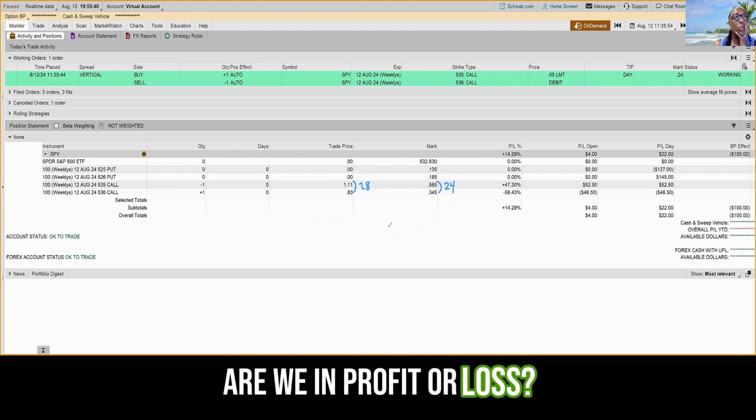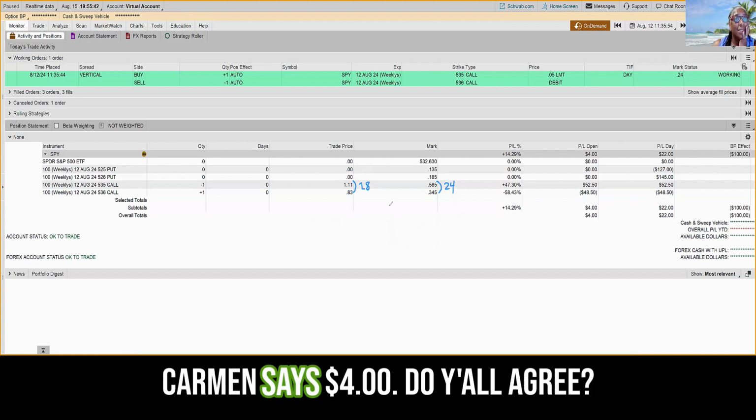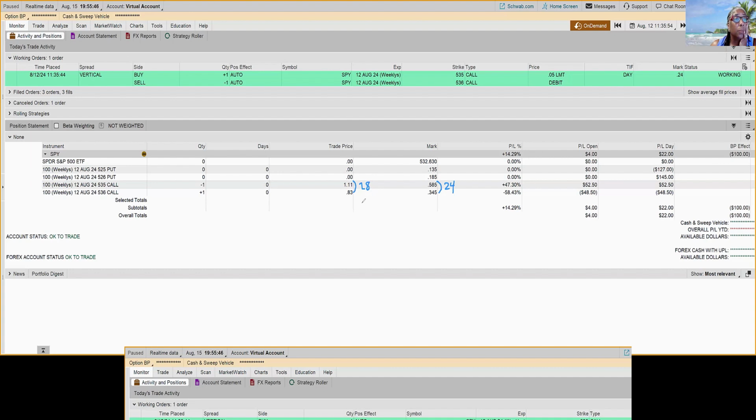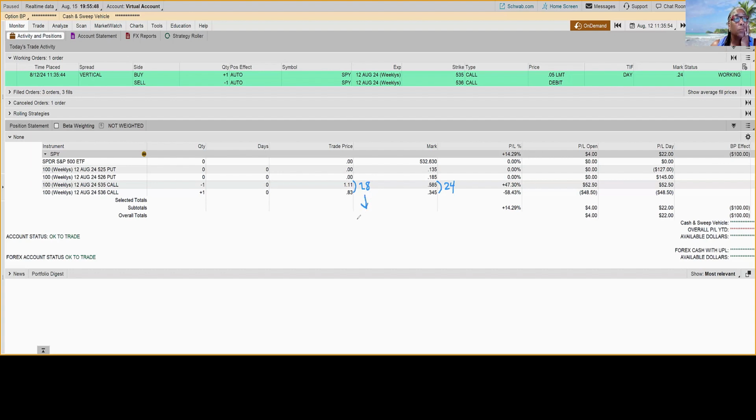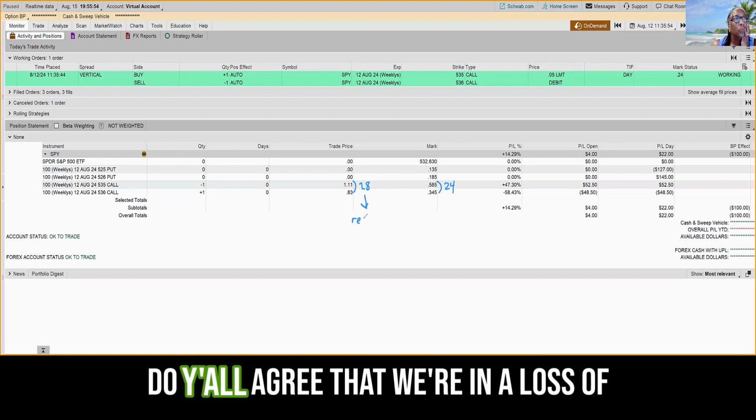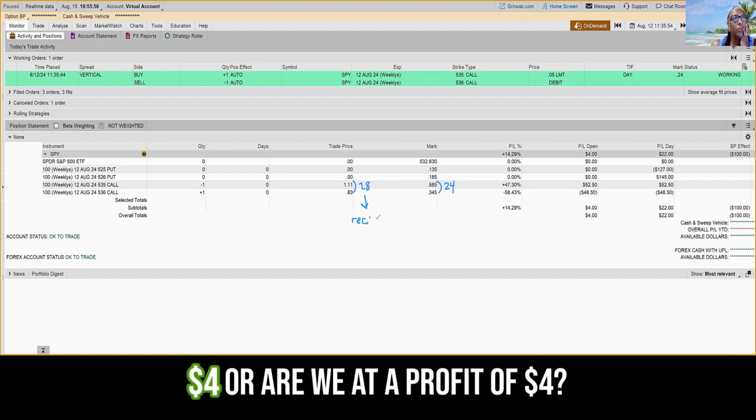Are we in profit or loss? Carmen says $4 loss. Do y'all agree that we're at a loss of $4 or are we at a profit of $4?